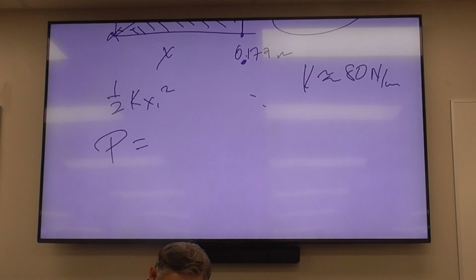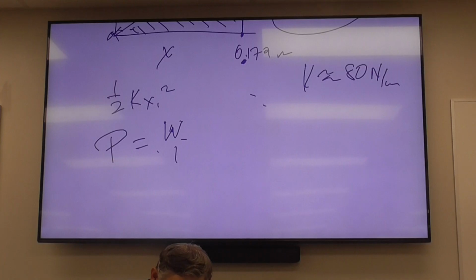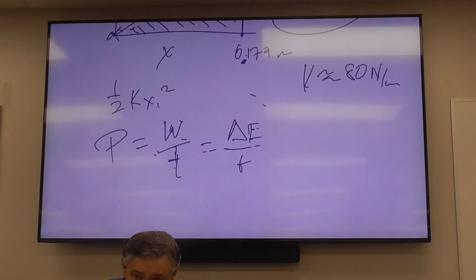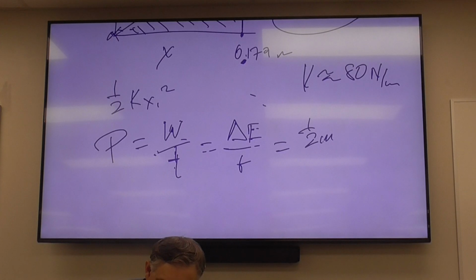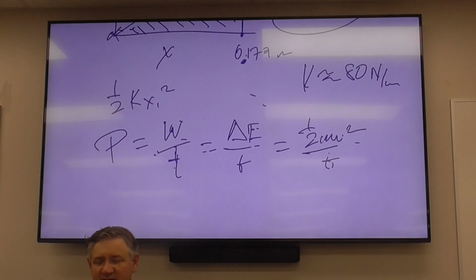Power is either going to be work divided by time, and in the second semester especially, we're going to look at that as just change in energy per unit of time. That's going to be a big idea. So number 11, you're talking about changing the kinetic energy. How do you calculate kinetic energy? 1/2 mv squared over time. Then it's just a matter of doing the manipulation to fix that.